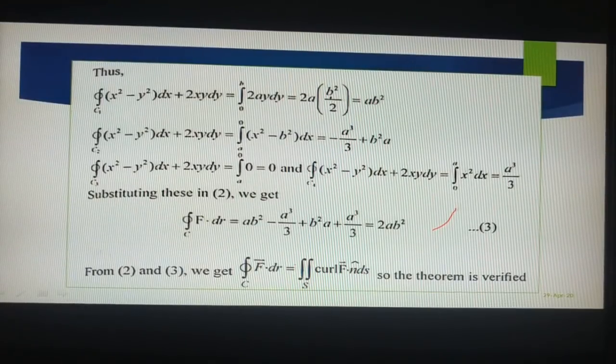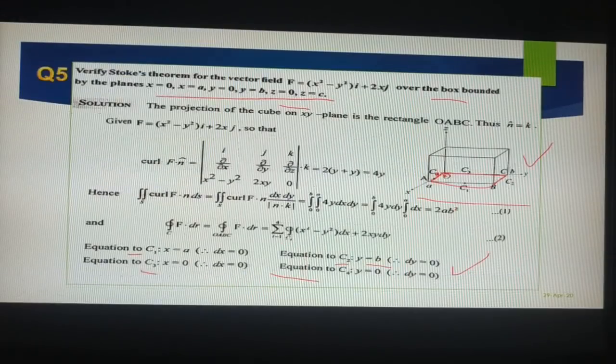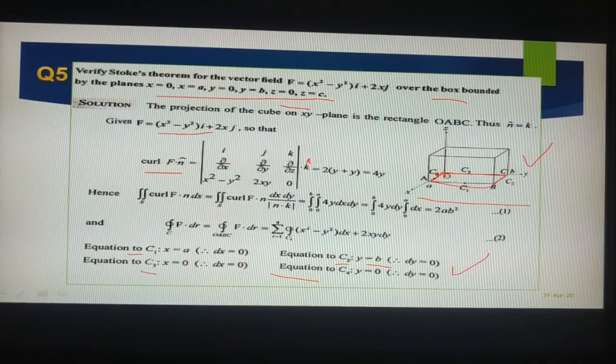Now on the other side, what do we need to find? The right hand side. This is your function, right? We need to find curl f bar dot n cap. Curl f bar we got, and dot n cap means here directly I am multiplying with k cap, because the unit normal vector is here k cap.